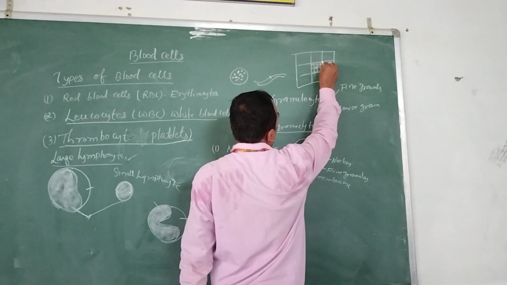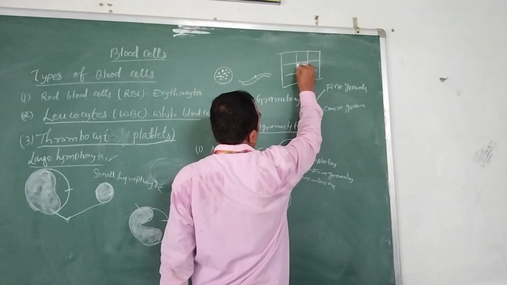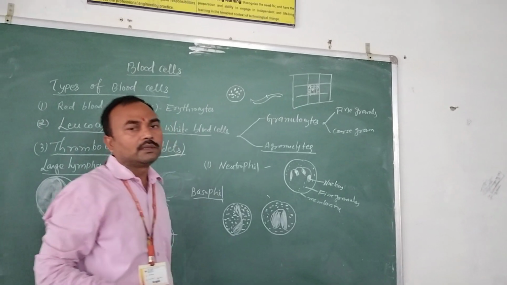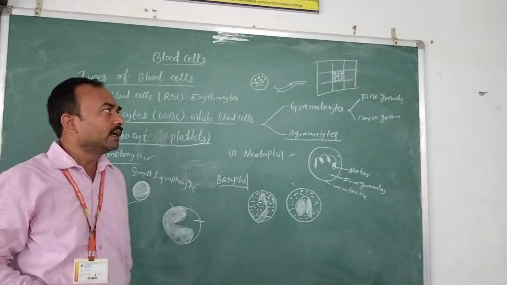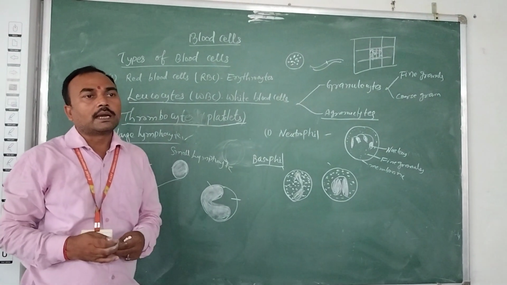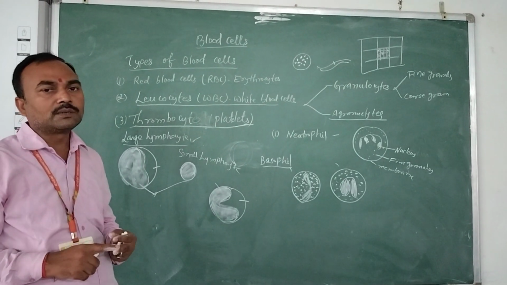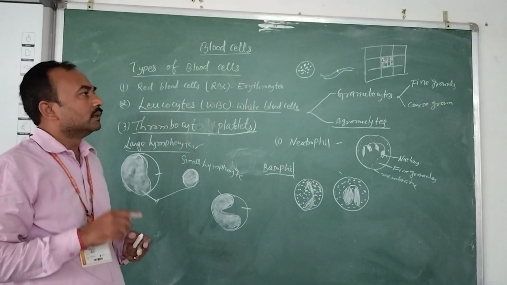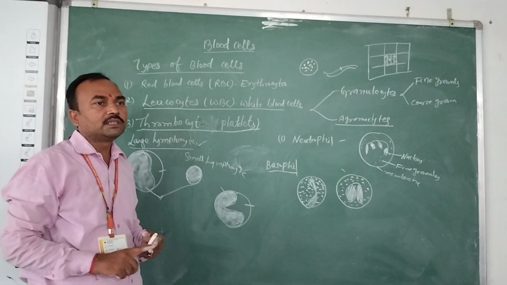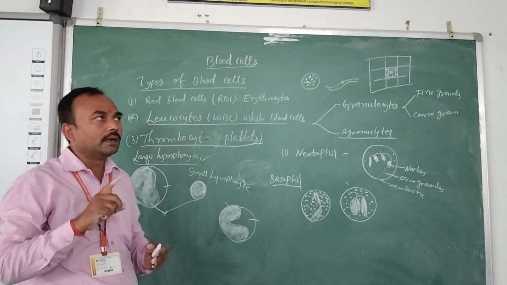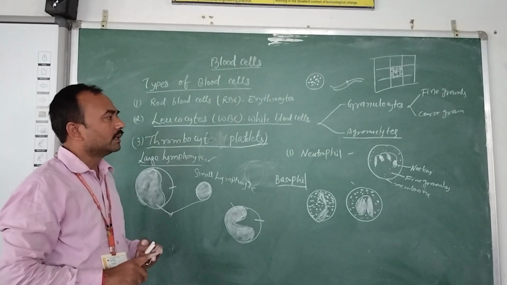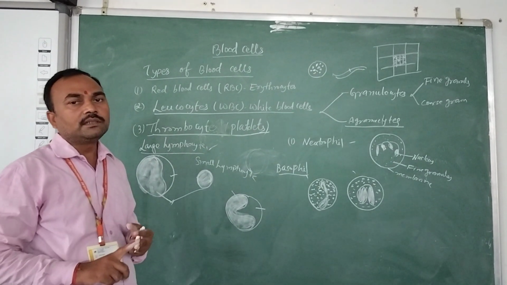We count the RBCs in these four corners plus the center, and finally calculate using the formula with the dilution factor, the depth of the Neubauer counting chamber, and other factors, and we get the RBC value.